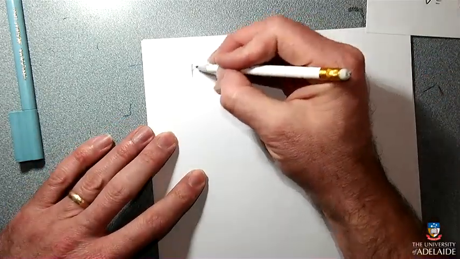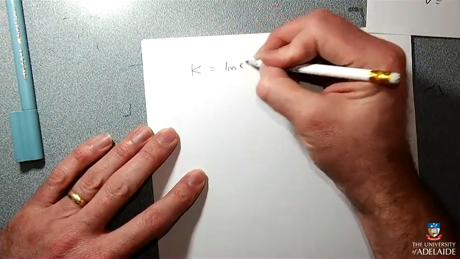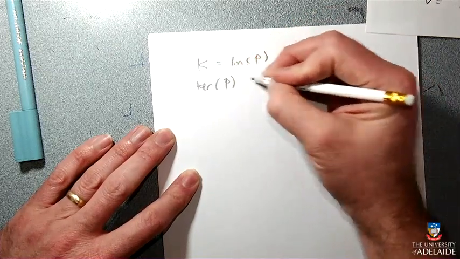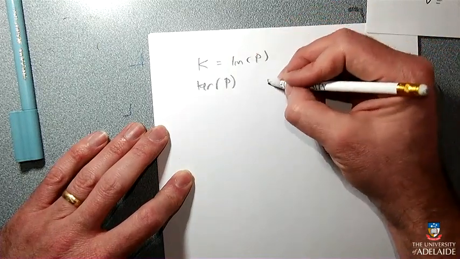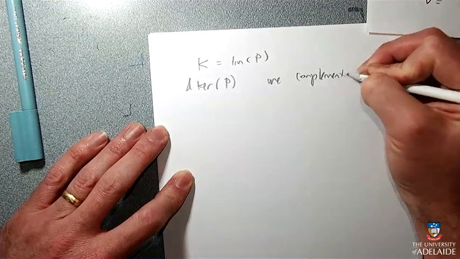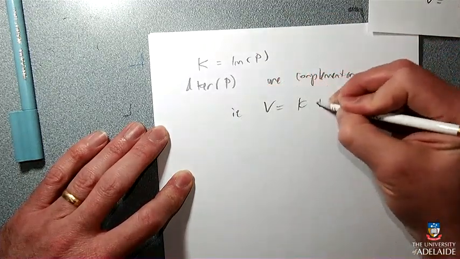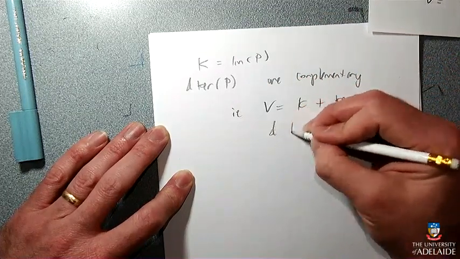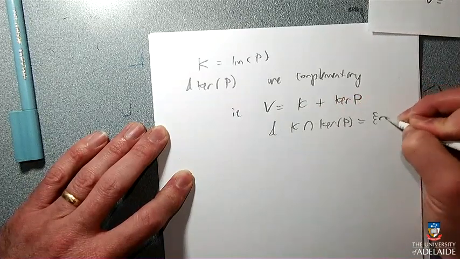So K, which is the image of P, and the kernel of P are complementary, i.e. V is K plus kernel of P and K intersection the kernel of P is just the zero vector.